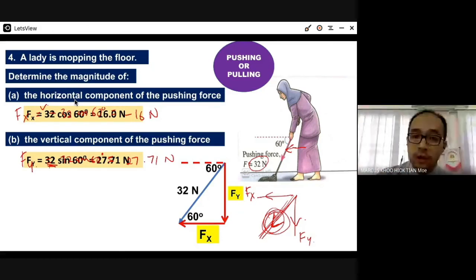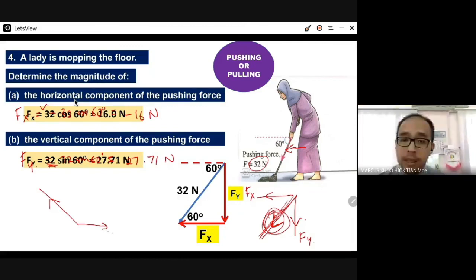Not like the example just now, where the resultant force is here, but the vertical force is over here. So it is a different story. But if we are talking about usual situations where everything starts from the same point and they are virtually pointing in the same direction, we usually just use positive for everything.